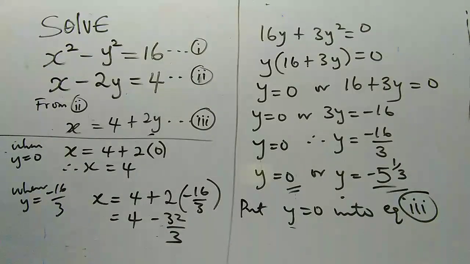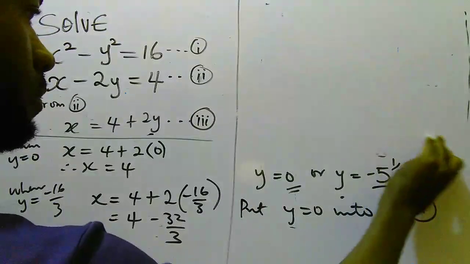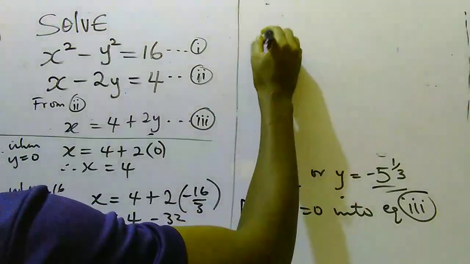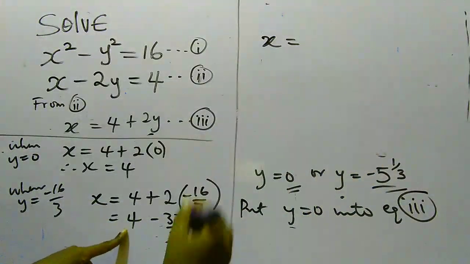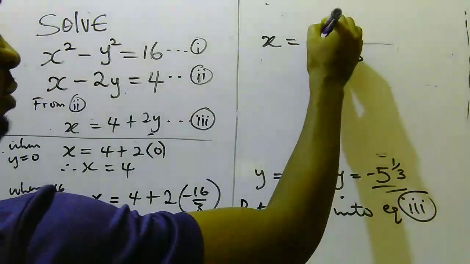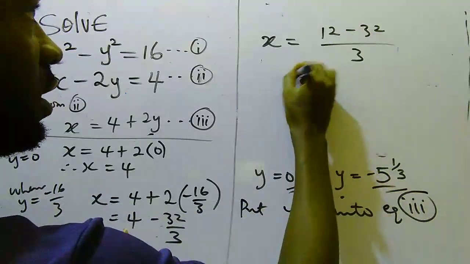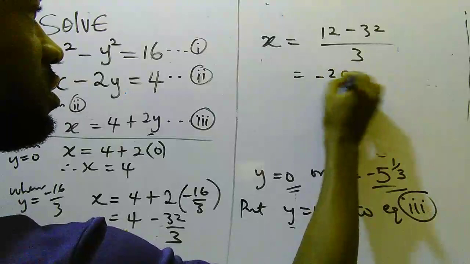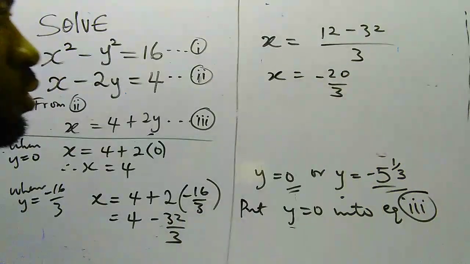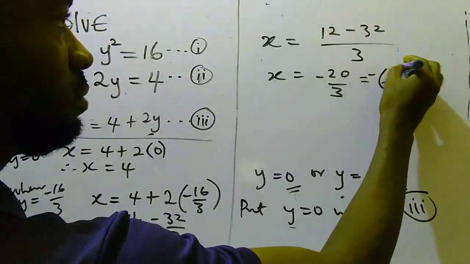So let's complete it here. My LCM is 3, so that will give me 12 minus 32, and that will give me minus 20 over 3, which is also the same thing as minus 6 whole number 2 over 3.